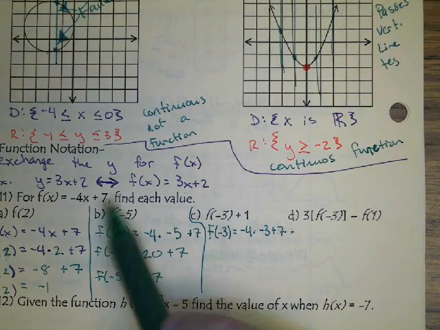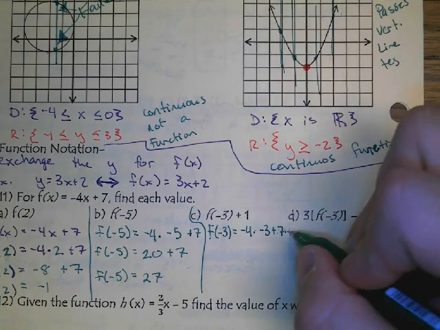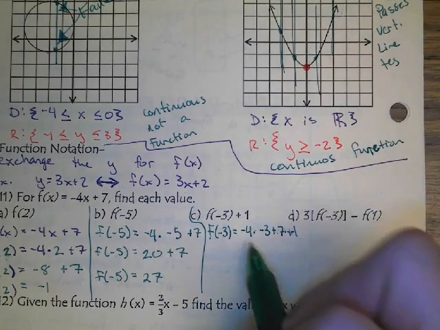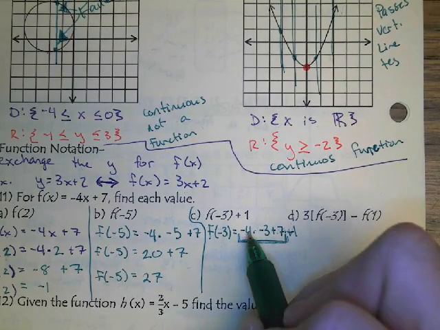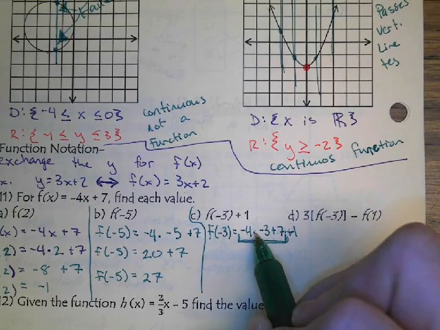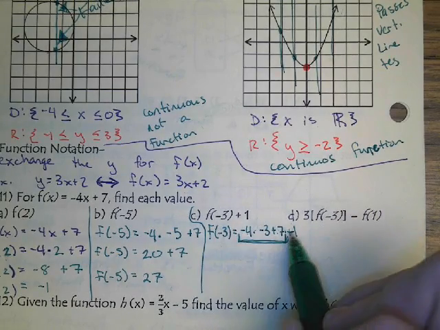There's my x turning into negative 3, and then I add 1 to that. So here's the original function that I started with. Negative 4 times negative 3, negative 4 times x, plus 7. There's my function, then I'm adding 1.